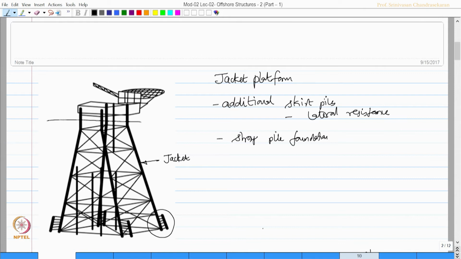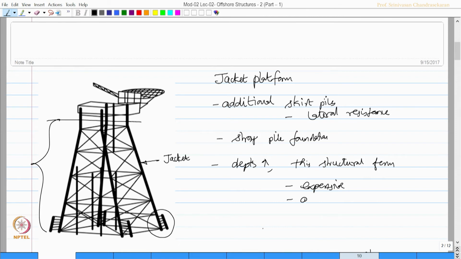So, for the entire water depth, members are provided. As the water depth increases, this structural form will be very expensive, plus it can attract forces.